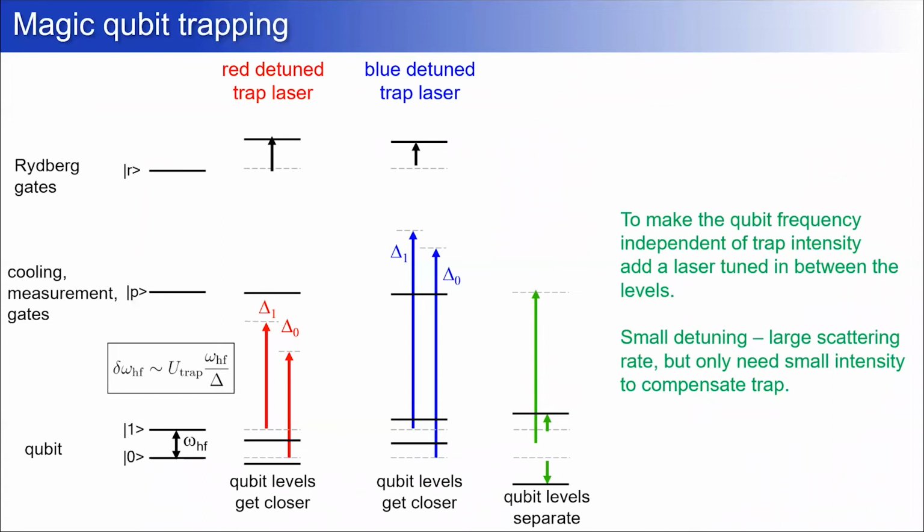So to make the qubit frequency independent of trap intensity, what you can do is add a laser tuned in between these ground state levels, and that will push the levels away. So a weak laser tuned in between the 2 levels relative to an excited state, combined with a blue or a red laser, if you balance the intensities out, you can get a situation where there's no intensity dependence or no motional dependence, and you get better coherence.